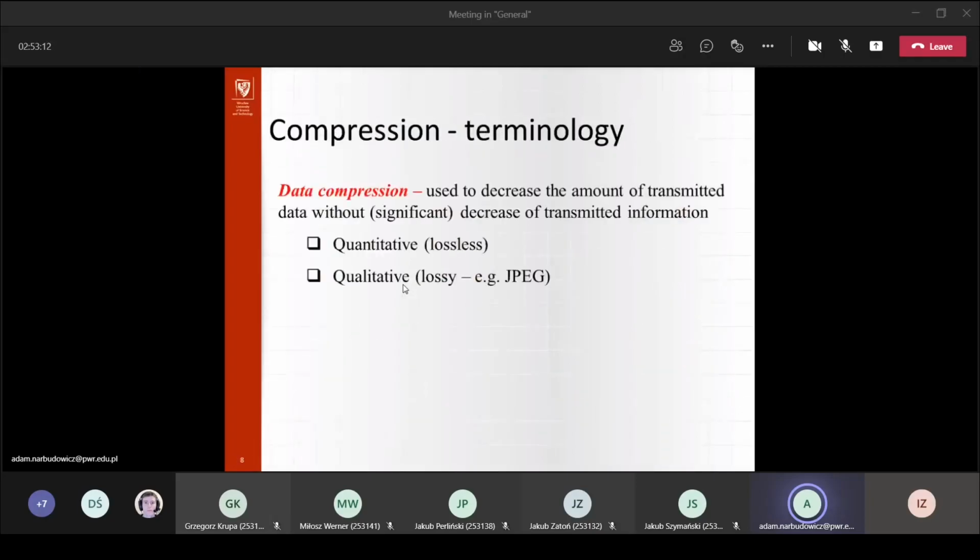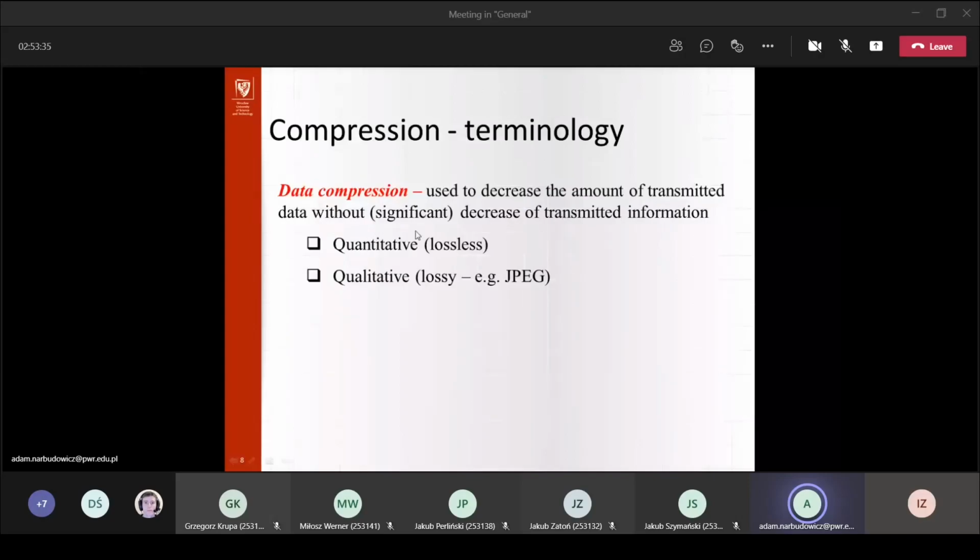So again, a bit to summarize the terminology that we discussed. Firstly, when we speak about data compression, this is used to decrease the amount of transmitted data without a significant decrease of transmitted information, right?